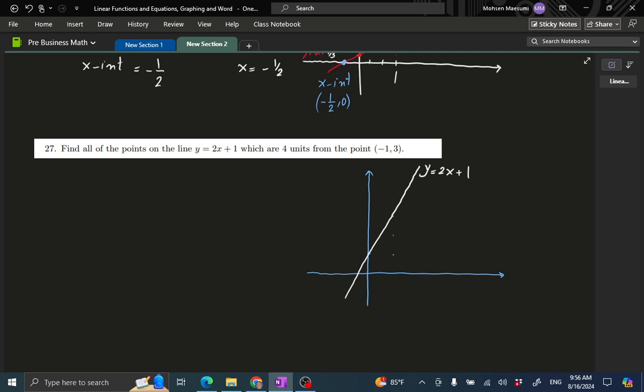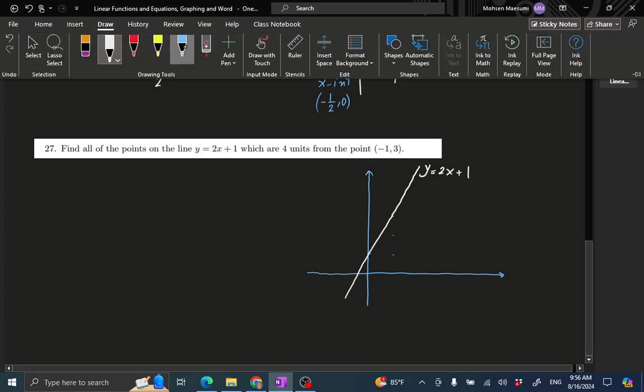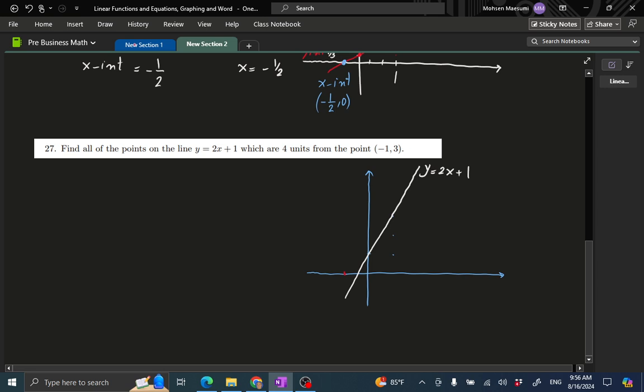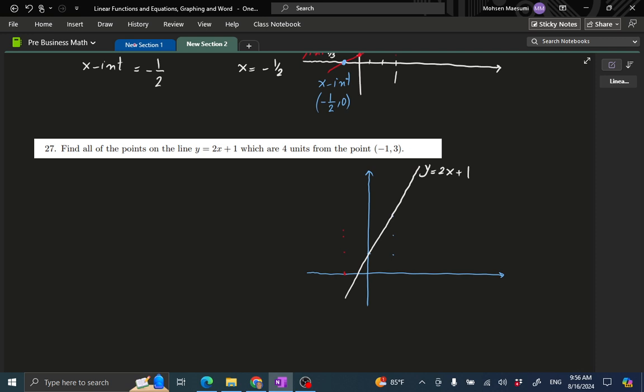Then what? Then we have another point, coordinates -1 and 3. So where is -1 and 3? So let's just go ahead, approximate it, perhaps -1 and 3. Yeah, 1, 2, and, well, 2 and 3. -1 and 3.